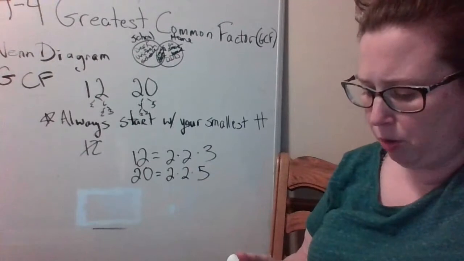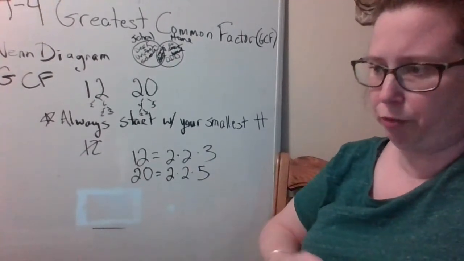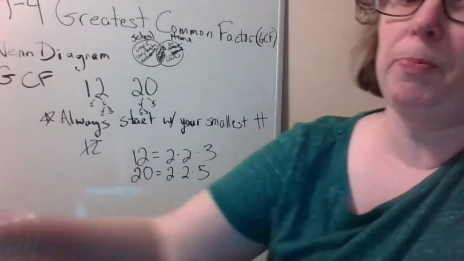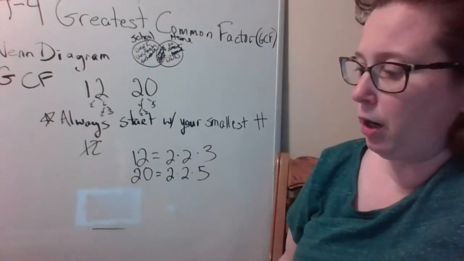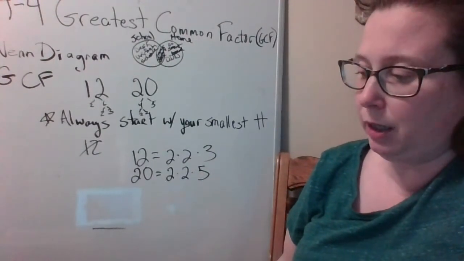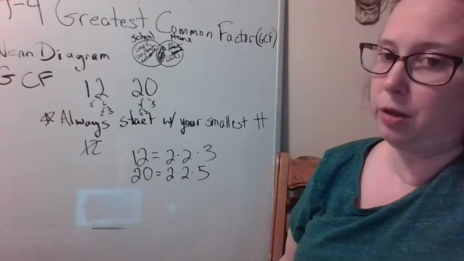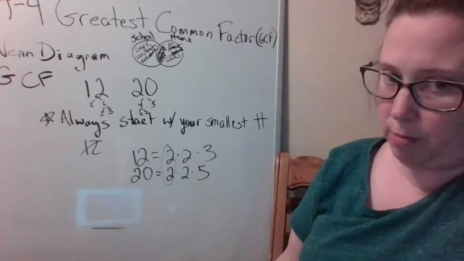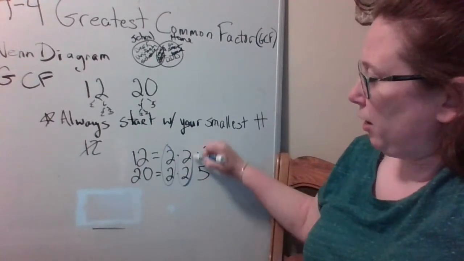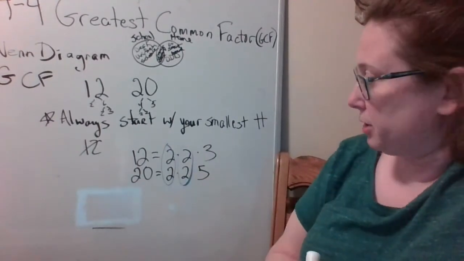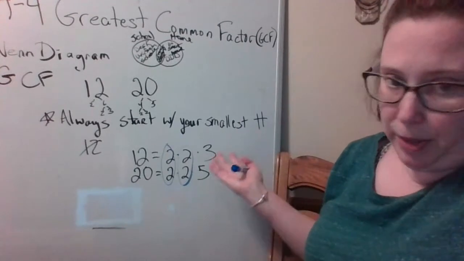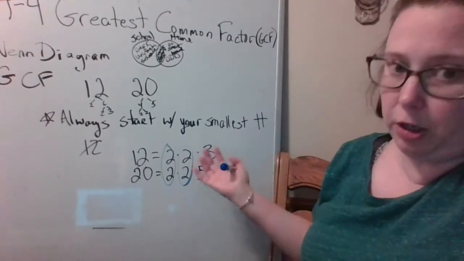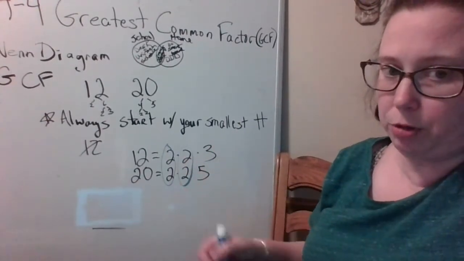So now that we know our prime factorizations for both of our numbers, we are going to circle anything that is on both lists. So we have 2's on both lists. We also have these 2's on both lists. These don't match something on the other list, so we're going to ignore those.